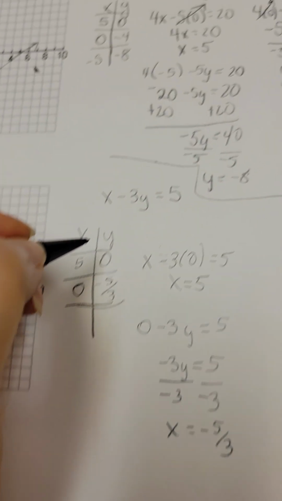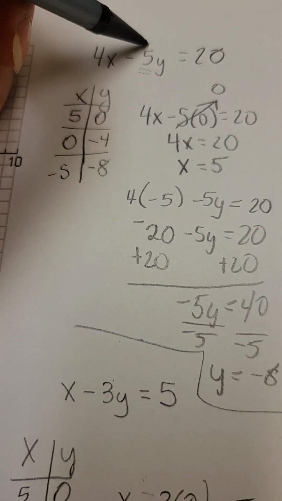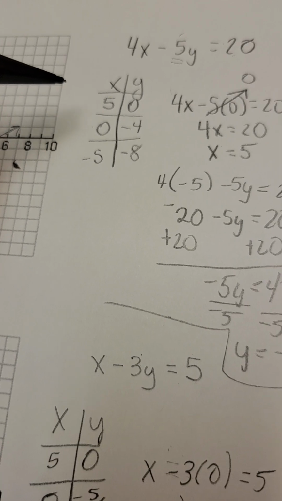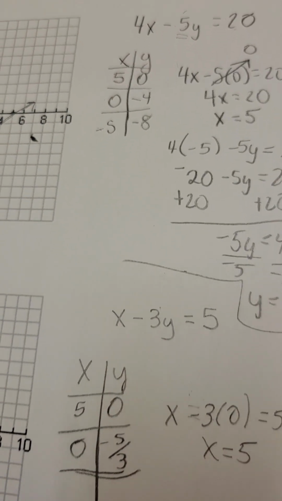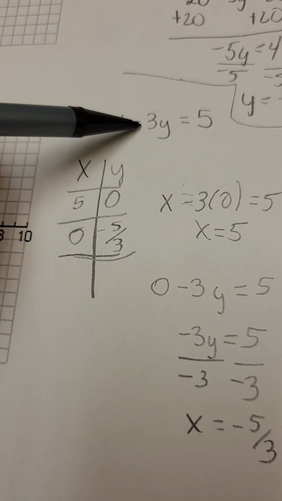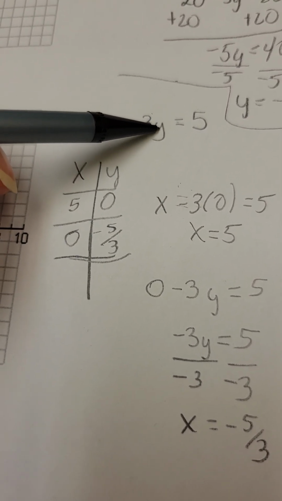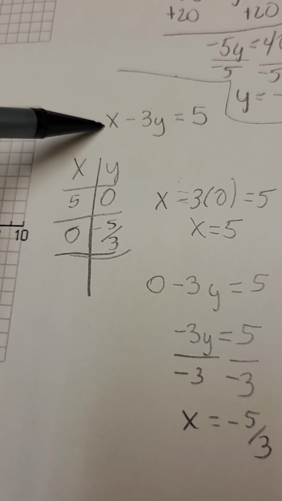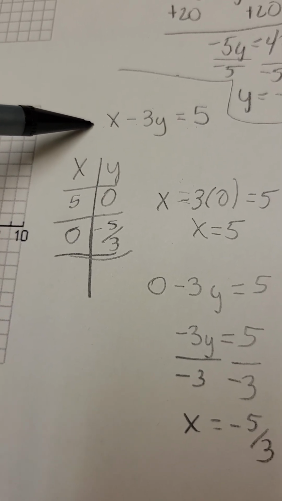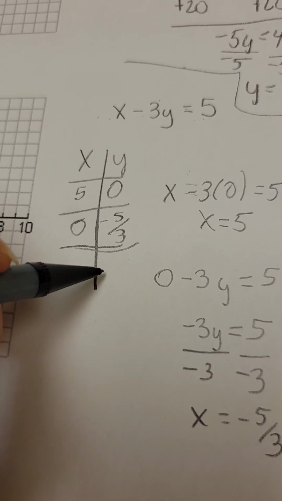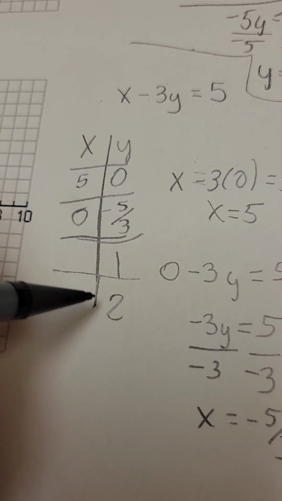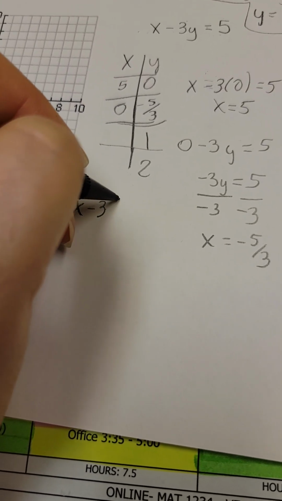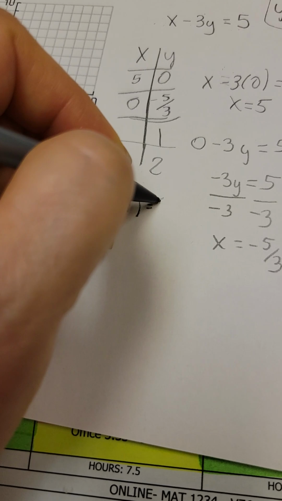All right, and like the one here, because the 5 divided into the 20, these numbers that we picked for x were multiples of the 5. But here, because the 3 doesn't divide into the 5, instead of picking x values, we're going to pick y values because 1 divides into 5. So I'm just going to pick 1 and 2 for my y. So I get x minus 3 times 1 equals 5.